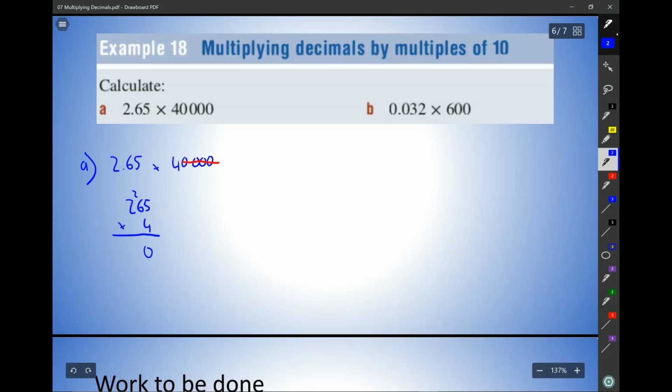4 times 5 is 20. 6 times 4 is 24, plus 2 is 26. 2 times 4 is 8, plus 2 is 10. There were 2 decimal places in our question, so there need to be 2 in our answer. So now the question becomes 10.60 times, we have to add all of the zeros we took out back in.